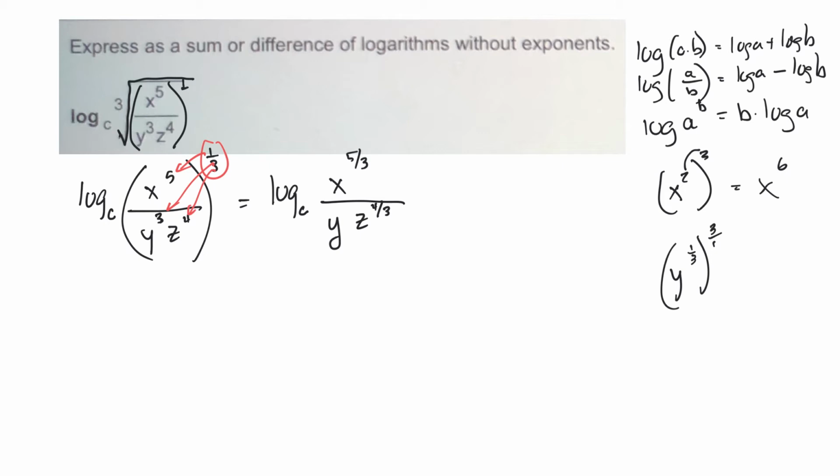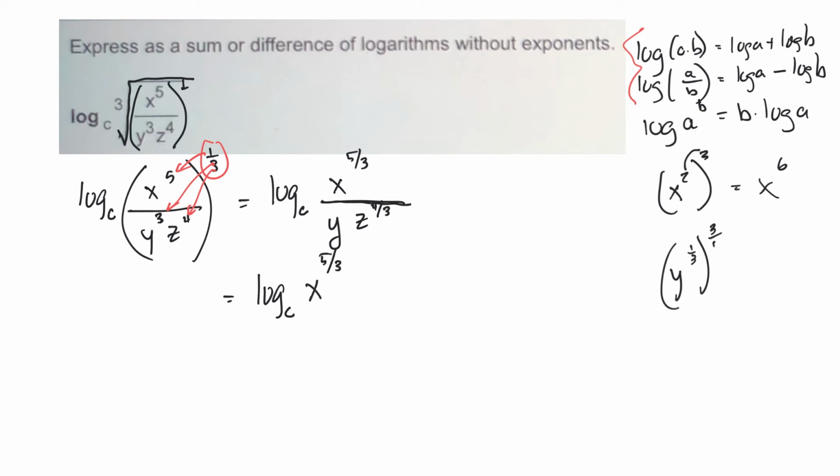Okay, now I think I'm ready to do my rules over here, my product and quotient rules. So I can rewrite this then as log base c of x to the 5/3.